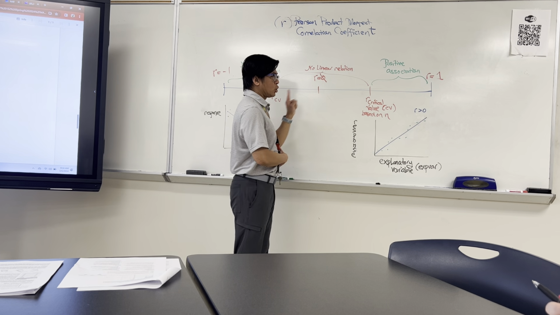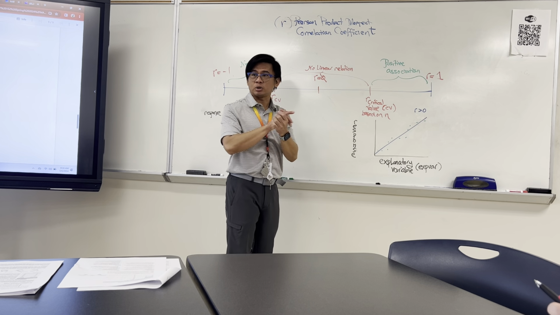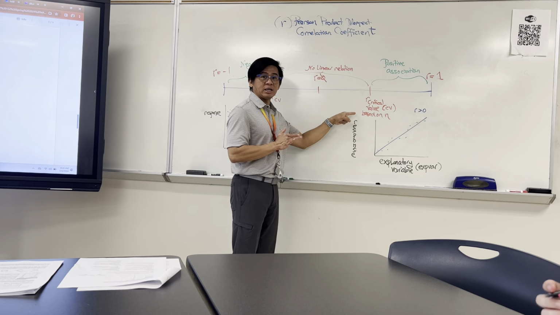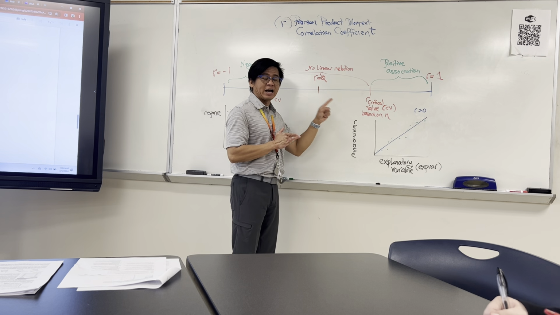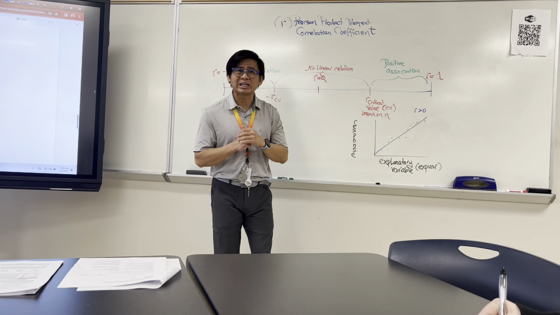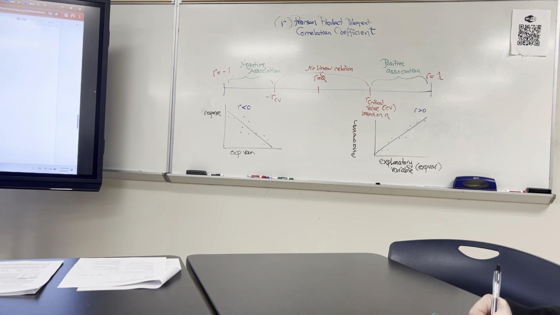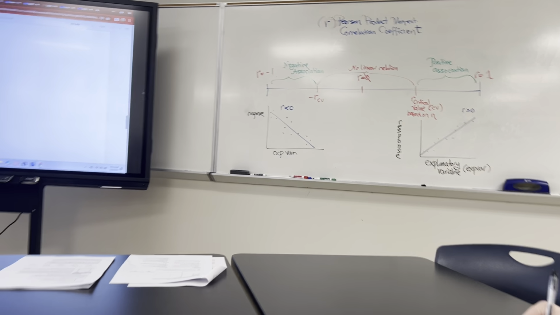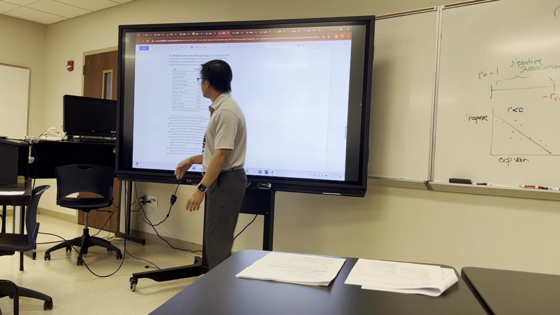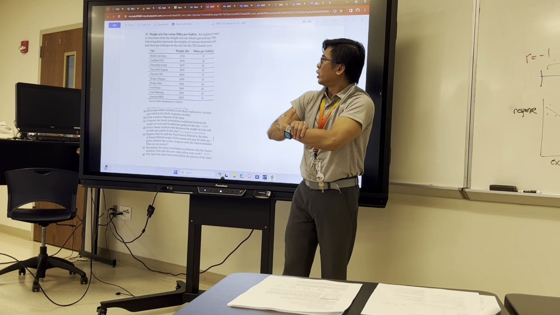It depends on the critical value of R. There's a table for that which we're going to see later, and that critical value depends on the sample size as well. We're going to see those cases later.